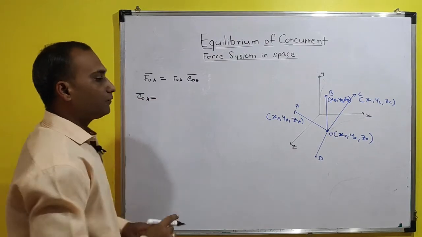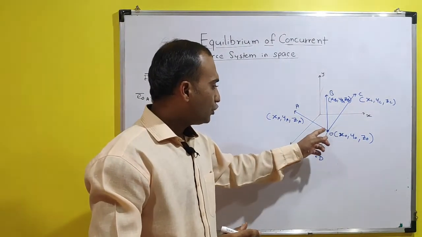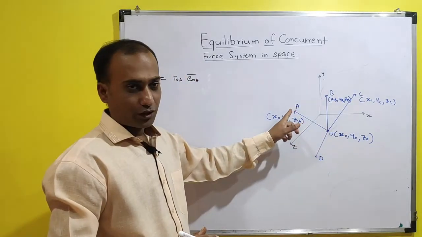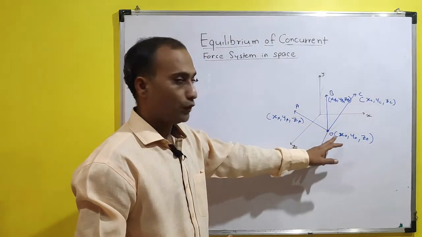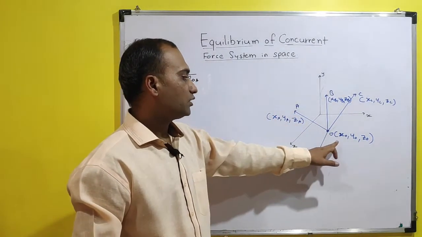So how is it to be calculated? For the unit vector, first of all we need to consider the direction. The direction is from O to A. So the second point is A, the first point is O, so you have to take second minus first coordinates.